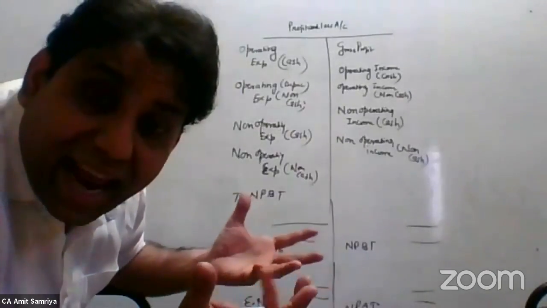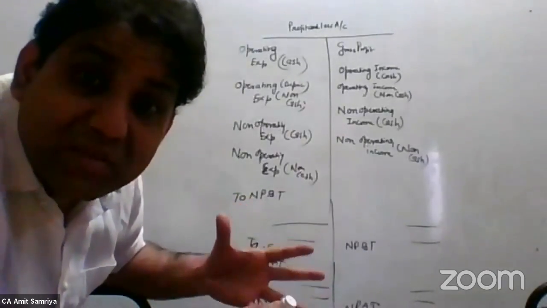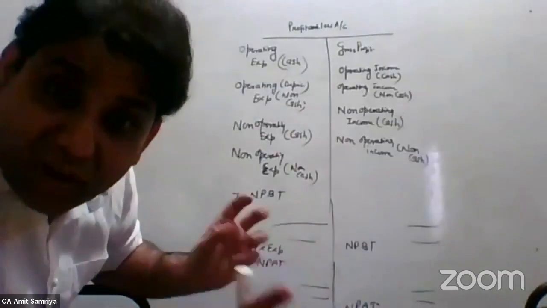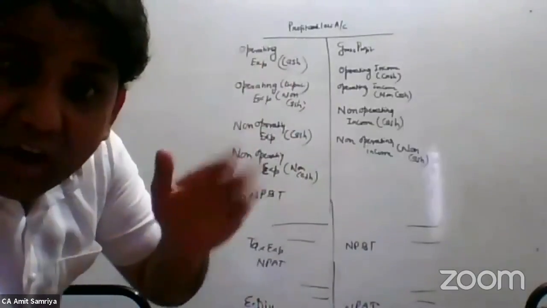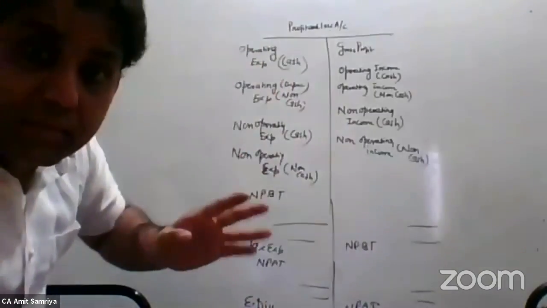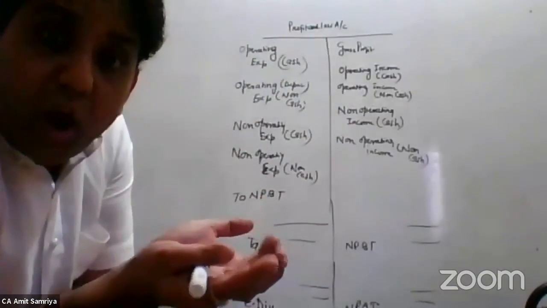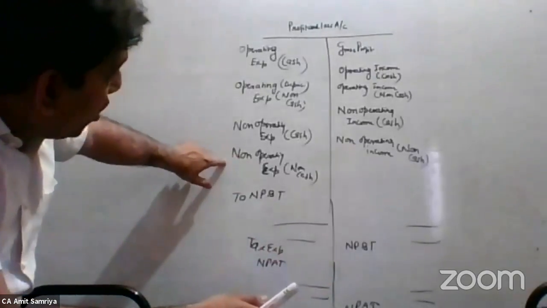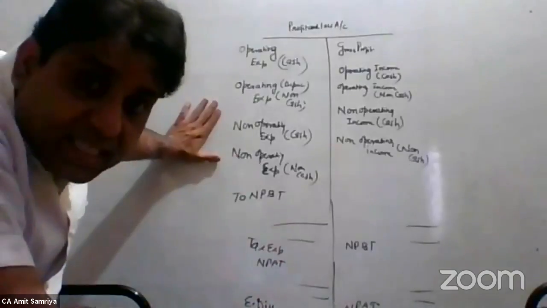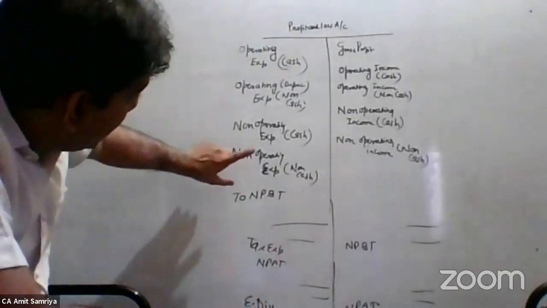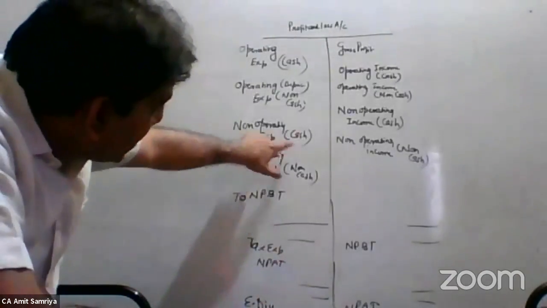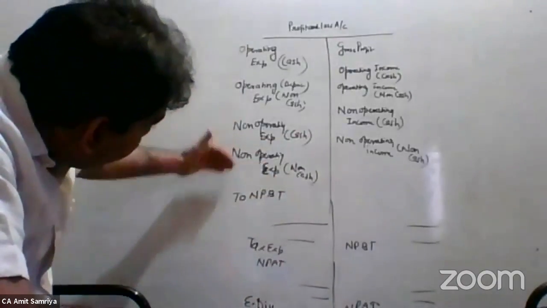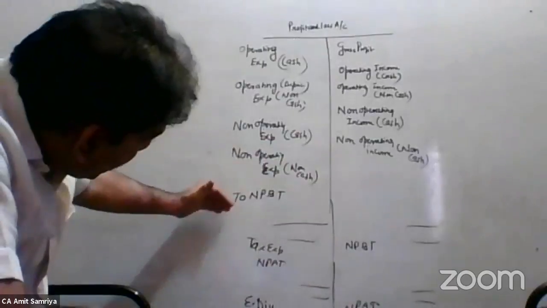If from a particular item which comes after operating, non-operating, cash, non-cash effect, we eliminate the effect of non-operating items and non-cash items, what will remain? Only operating cash. So all non-operating and non-cash expenses are added back. Non-operating expense, whether cash or non-cash, will be added back, because these were deducted when NPBT arrived. So again added back.